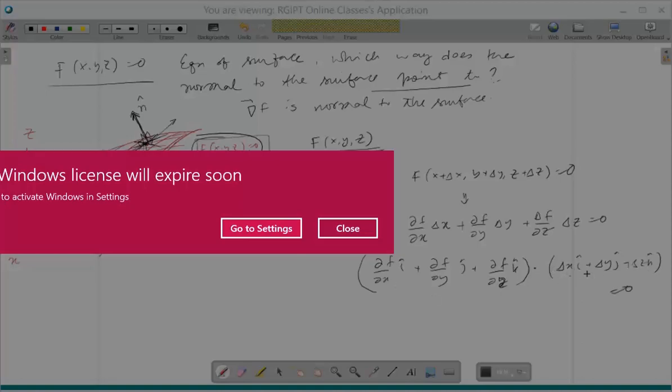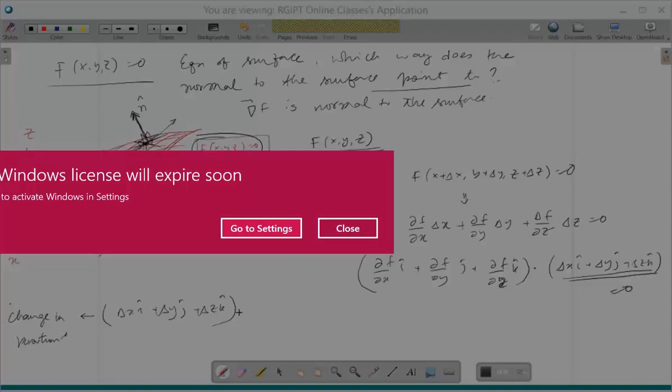Now I know that this vector, delta x i cap plus delta y j cap plus delta z k cap, what is this? This is basically movement, the change in position, by how much I have moved from the original point.